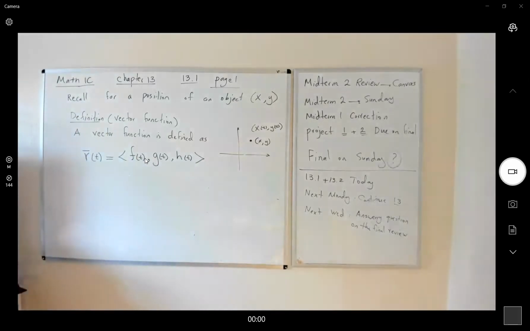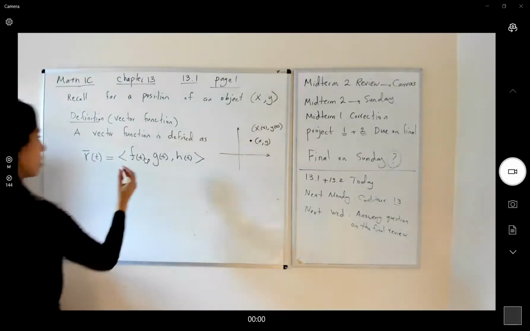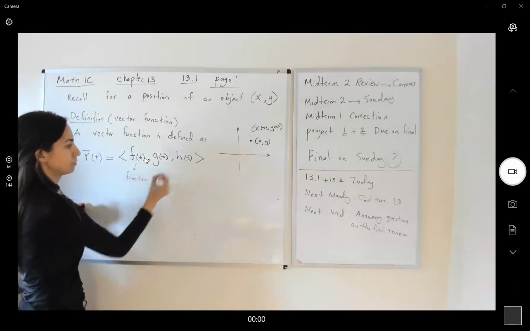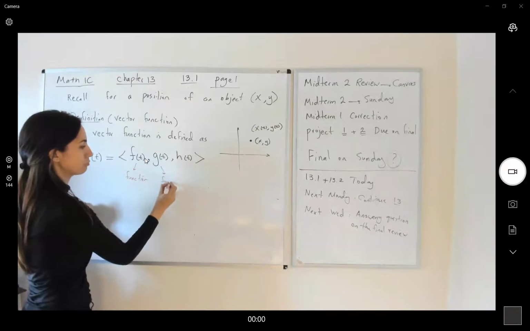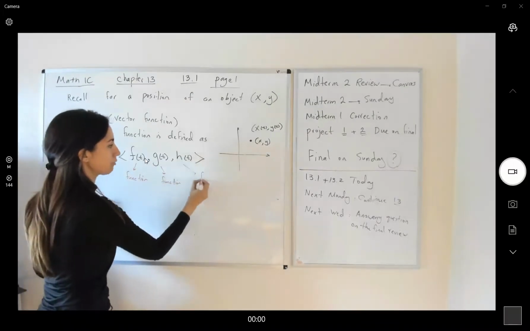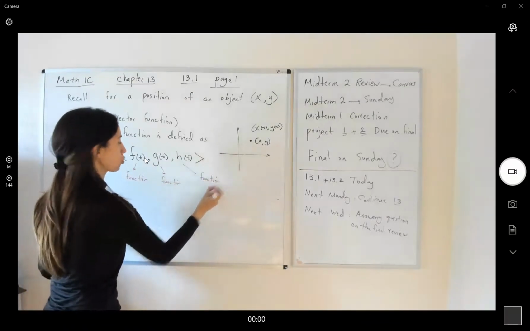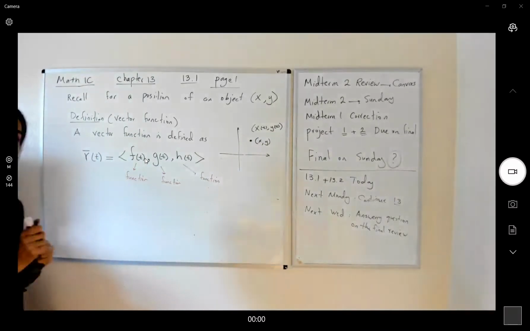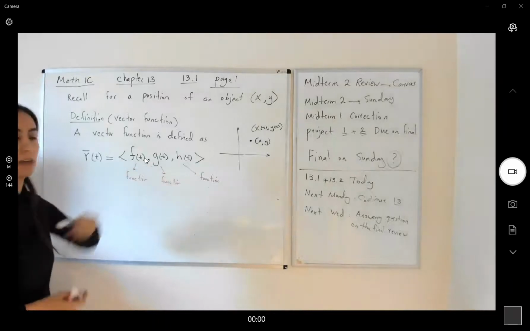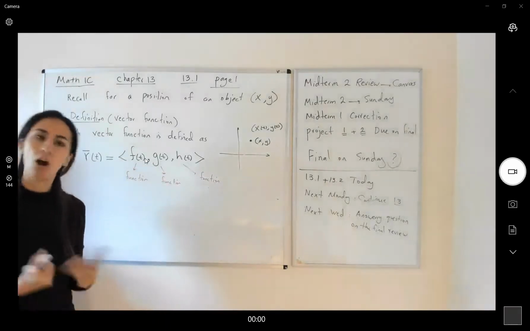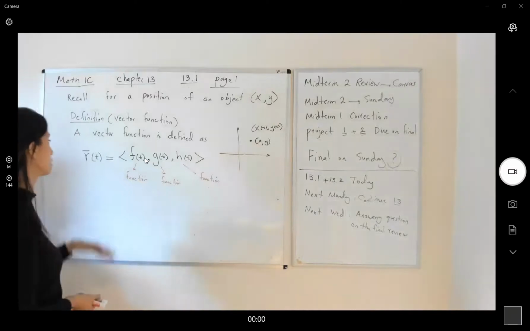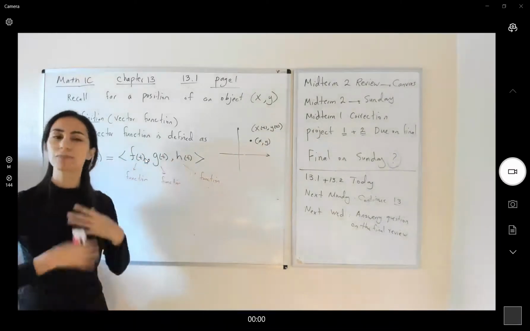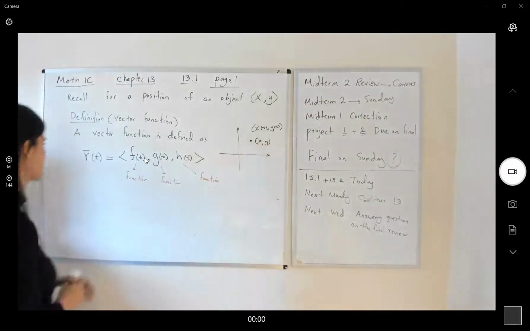So as you can see, all of these are functions. F is a function, G is a function, H is a function. So R bar as a vector depends on three functions. Of course, you can generalize the idea and define a vector function in 4-dimensional space, 5-dimensional space, and n-dimensional space.